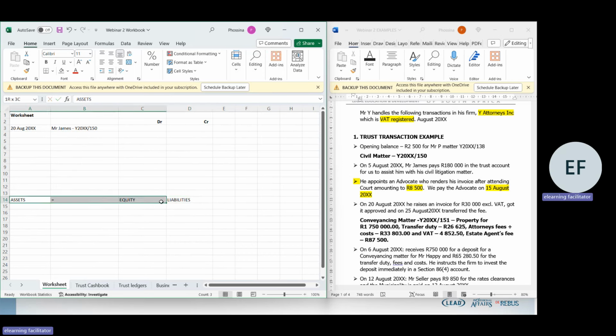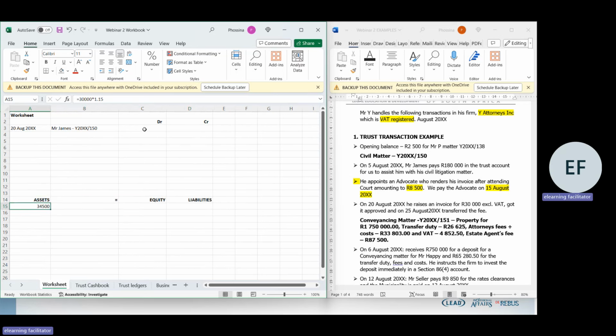Okay, so in this case, when we've done work, what are we doing? We are creating our asset, okay, which is a debtor. We're going to sit with the debtor. So our asset in this case, it is going to be our debtor, which is 30,000 plus the VAT, because it is our debtor, we'll record the VAT in full plus the VAT. So this is our debtor, right? So this is our asset.